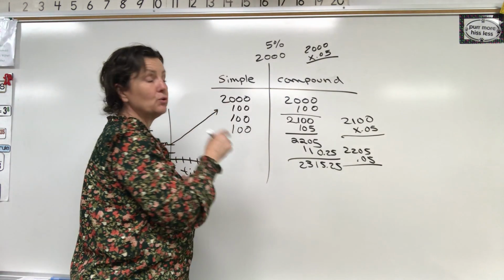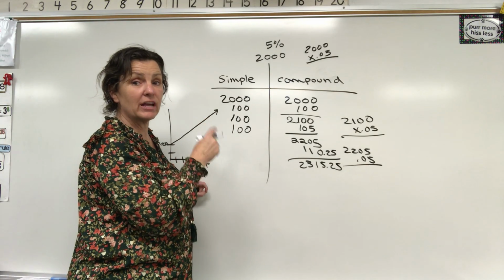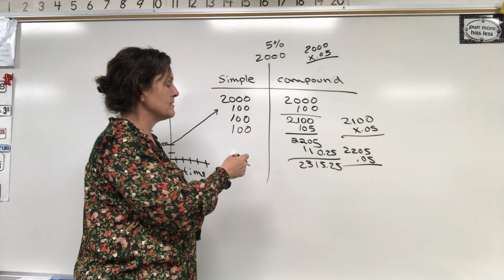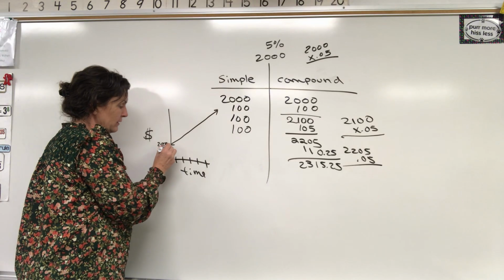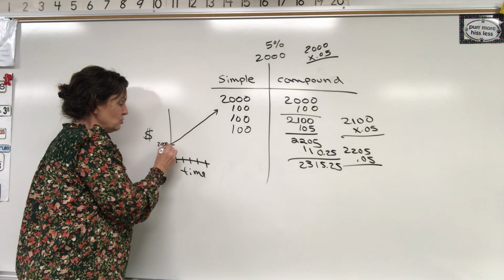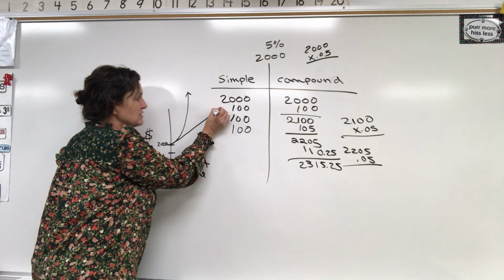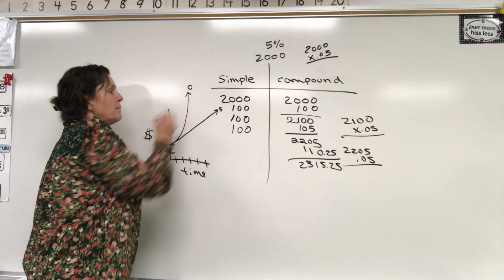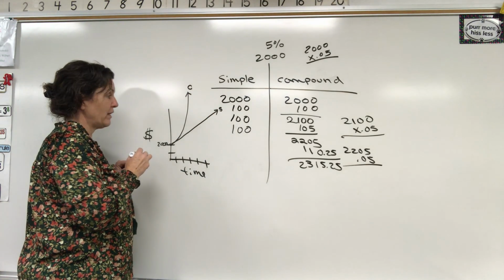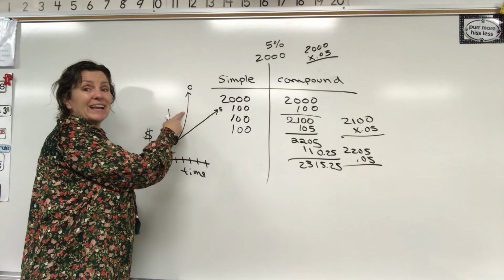Whereas this one is a beautiful example of an exponential function, exponential growth to be precise, because it's growing exponentially. Notice it started at the 2,000, but it's gonna do that. So this is our simple interest line, and this is our compound. Which one's gonna grow faster? Because it's growing exponentially.